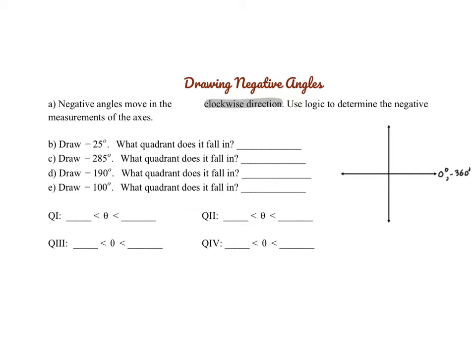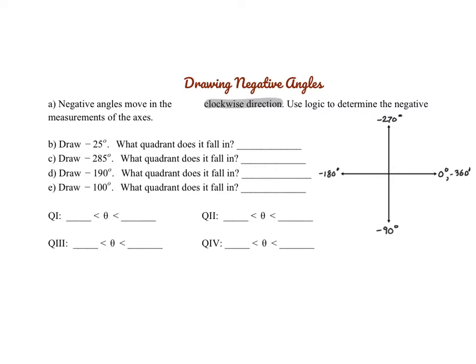And then we're going to break it down in the same way. Half a circle in the negative direction will be negative 180. Half of that will be down here, negative 90, so this is negative 270. So you can see it's the same measurements, except they're occurring in the clockwise direction.